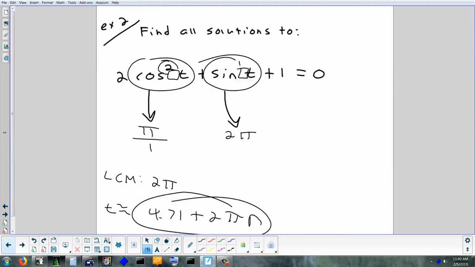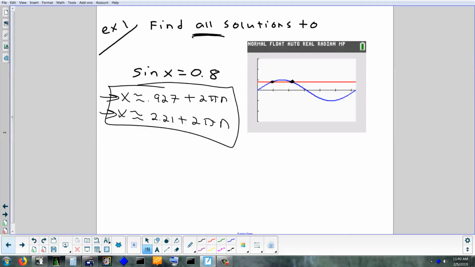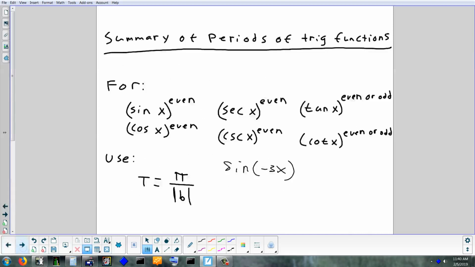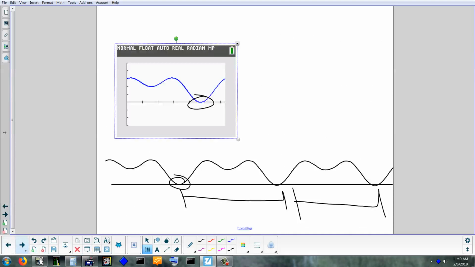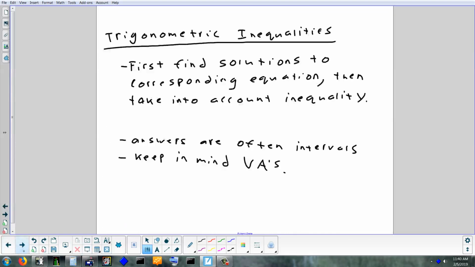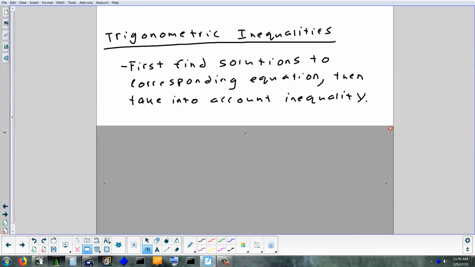All right, so every problem we've done right now, that was an equation. This one had an equal sign in it. That's an equation. First one we did, equal sign. That's an equation. Well, last thing we're going to look at is an inequality. If you can solve an equation, solving an inequality, same thing. The only difference when you solve an inequality is the answer is usually an interval.